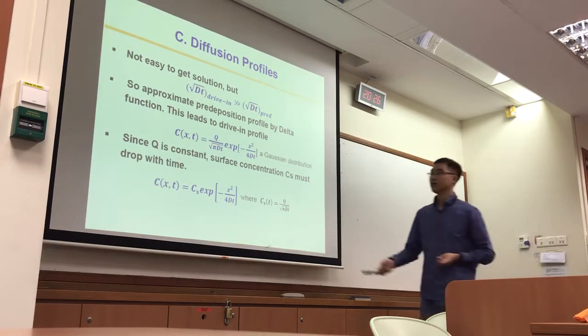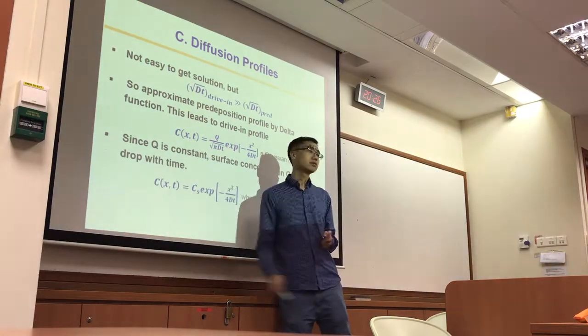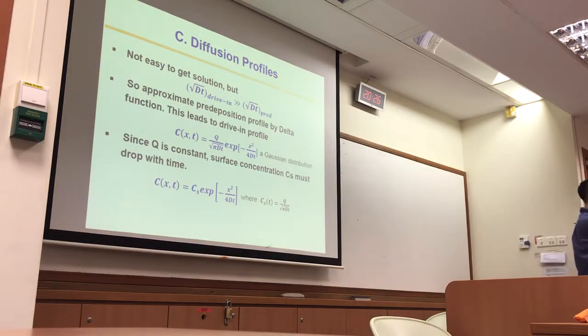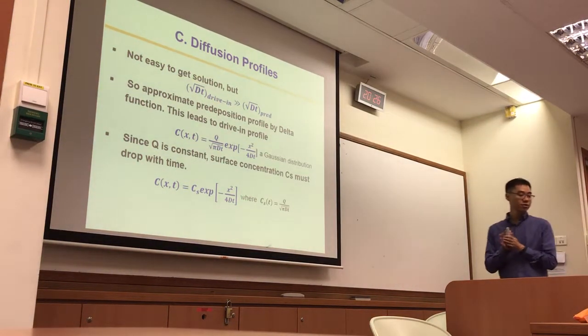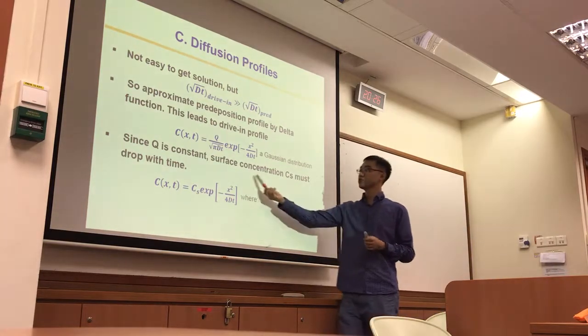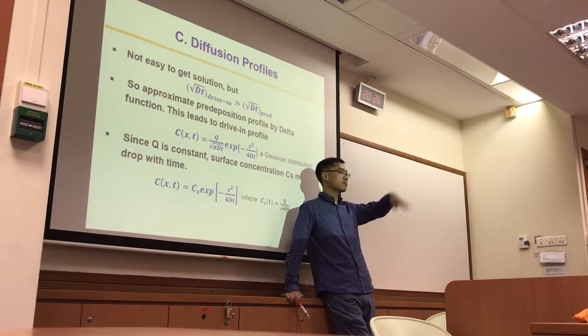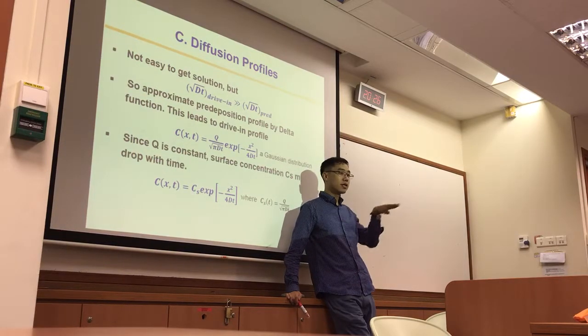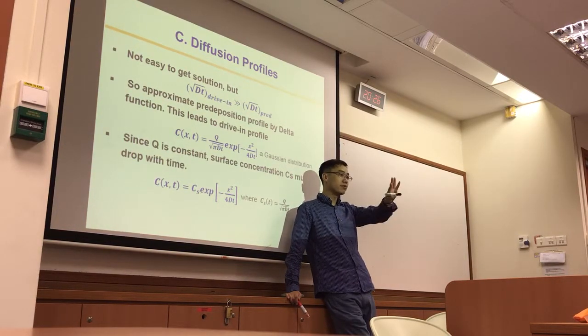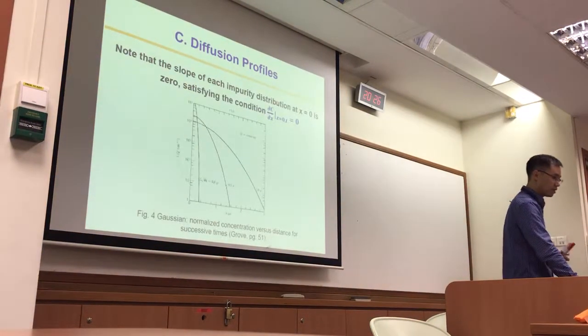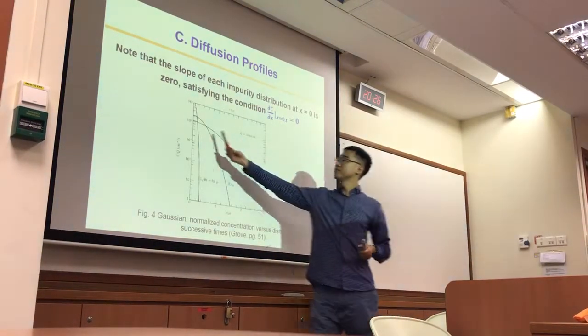Like here, Q is a constant. Dose is also a constant. But the surface concentration CS is not a constant, because you normalize by the area. It diffuses in, but the dose is the same. You can see that here the concentration is different.